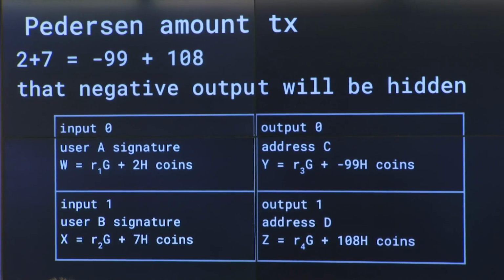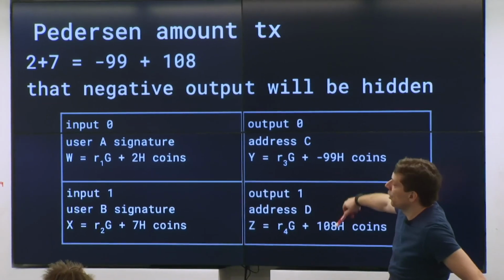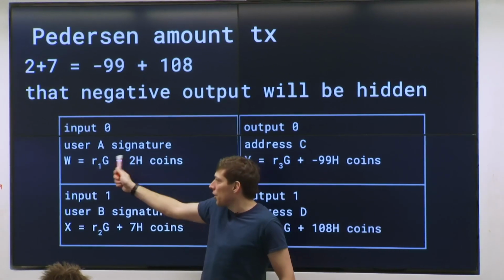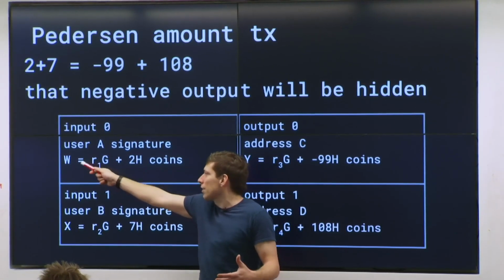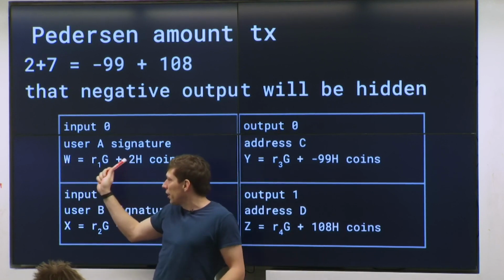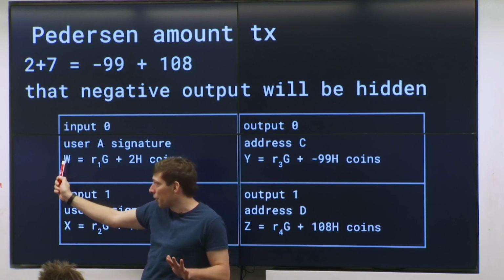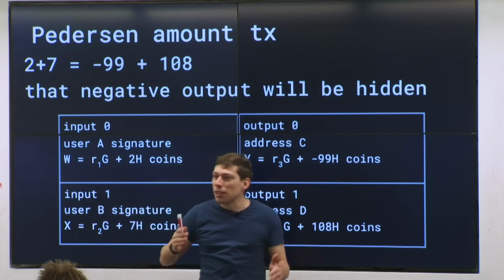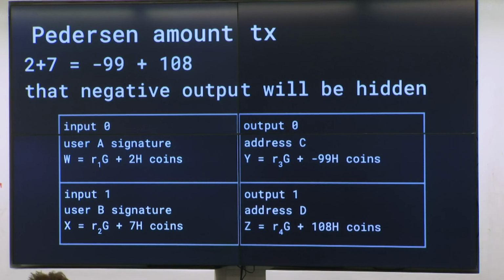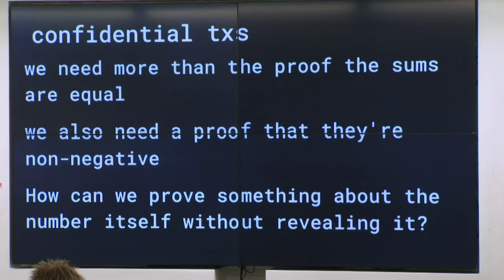We have to prove individual numbers' ranges. So there's a 2H in there. I can't show you it because I'm just committing a w, but I want to somehow show you that the v here, which happens to be 2, but I'm not going to tell you, is within a small range, without telling you what it is, without revealing it. Tricky.